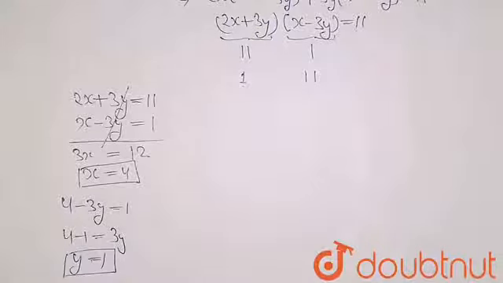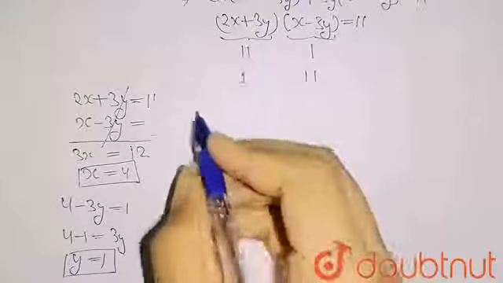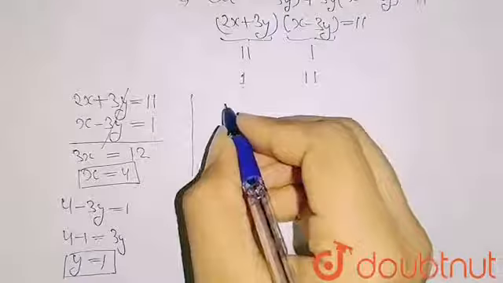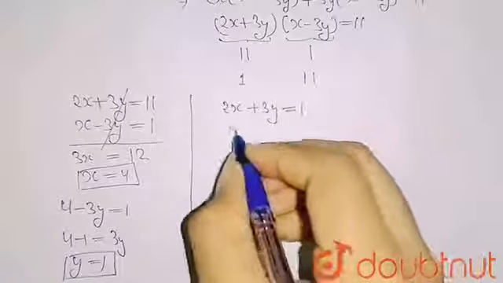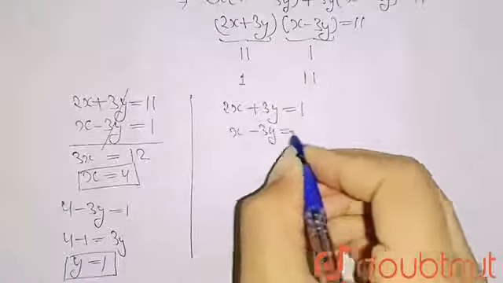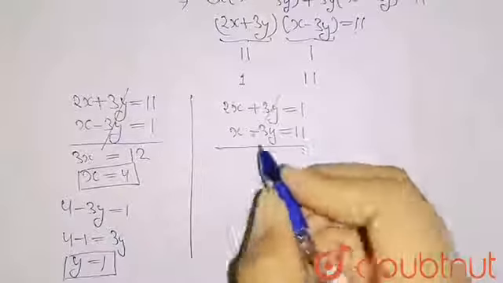Now the second condition is also there, that 2x plus 3y equals to 1 and x minus 3y is equal to 11. Here this will be cancelling.